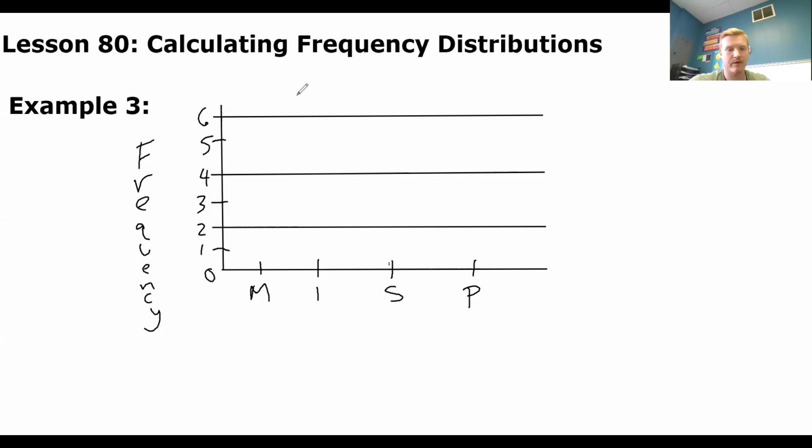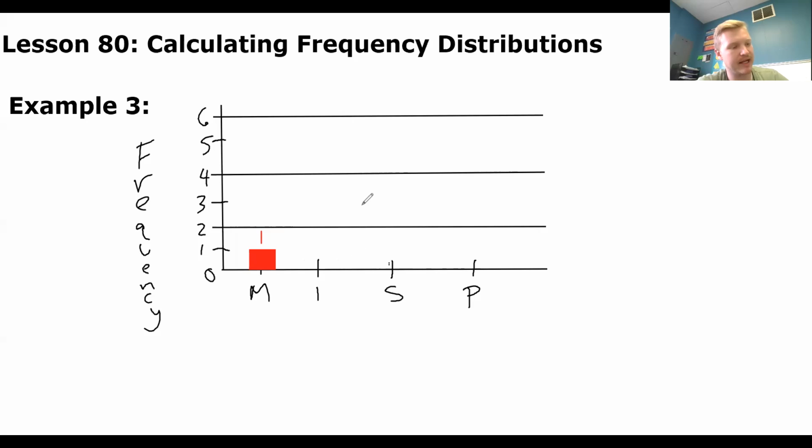So for our frequency, the amount of times that M shows up, I'm going to have M be red. For M, we have only 1 M, so I'm going to go up to 1 right there, and I'm going to write 1 right on top to make it a little easier to read. How many I's do I have?